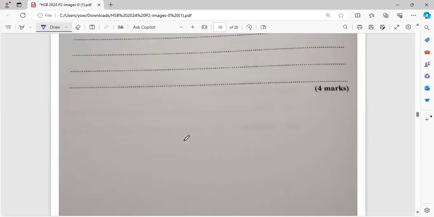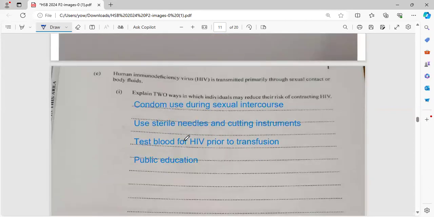All right. Next, the human immunodeficiency virus, HIV, is transmitted primarily through sexual contact or body fluids. Explain two ways in which individuals may reduce the risk of contracting HIV. The one that should jump out to you guys is condom use during sexual intercourse. That's very common, right? They use sterile needles and cutting instruments, making sure that they are clean.